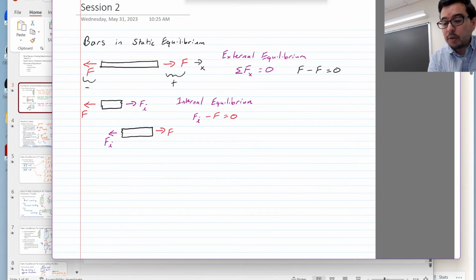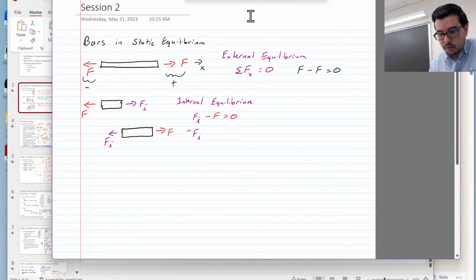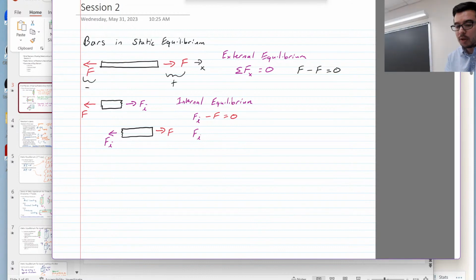And my internal equilibrium, when I do this out, I'll have a negative, if I'm using this convention right here. But if I'm using the convention where Fi is positive coming out of the face, so I have a little bit of choice, if I use this convention where I say this is the positive direction, then Fi is still equal to minus F.